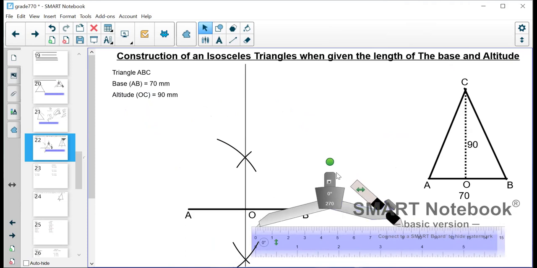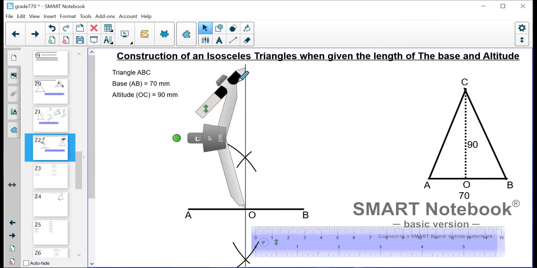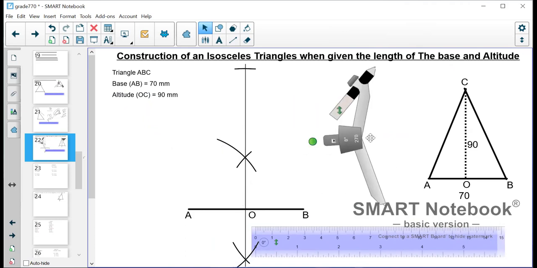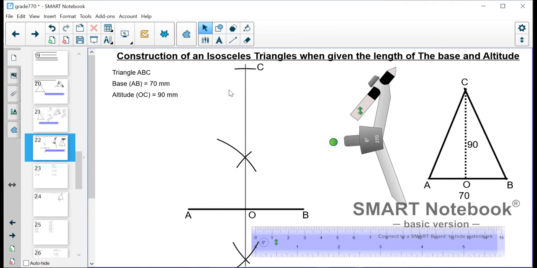So we open the pair of compasses to 90, place the point at O, and we scribe an arc above, all right? And we label that point C.